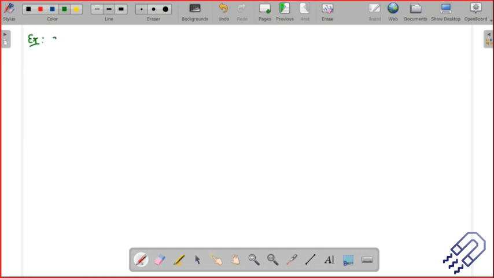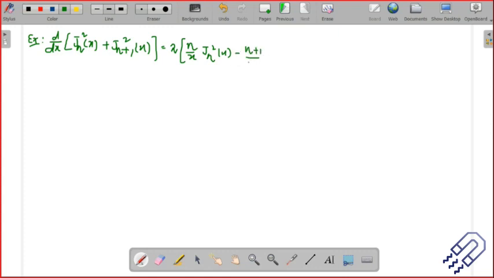So the question is, prove that d dx of Jn square x plus J n plus 1 whole square x is equal to 2 times, to show this, n divided by x Jn square x minus n plus 1 divided by x J n plus 1 square x.